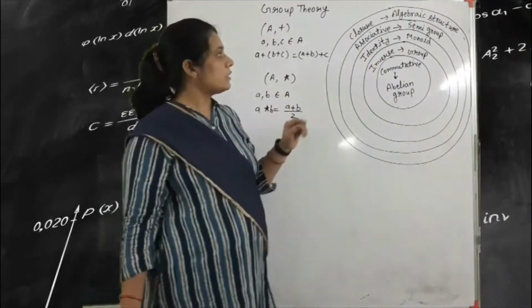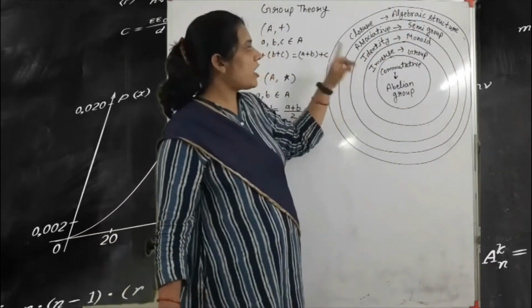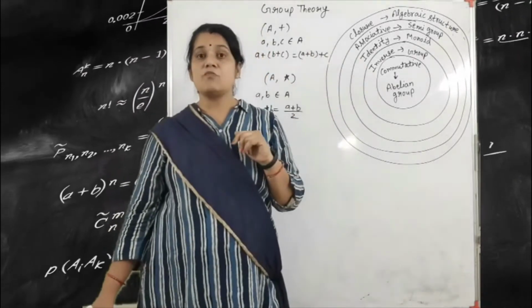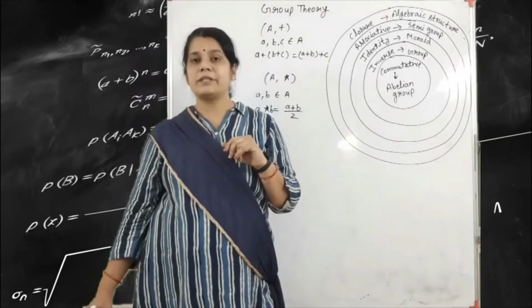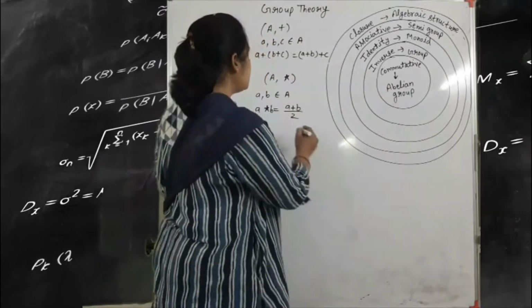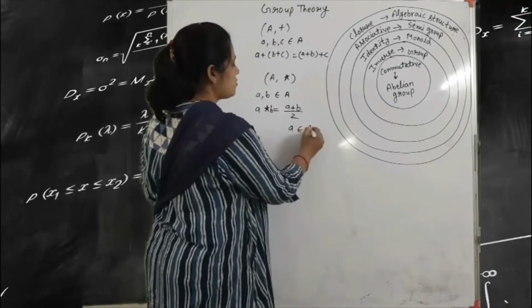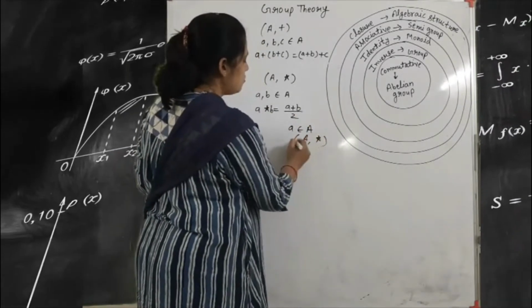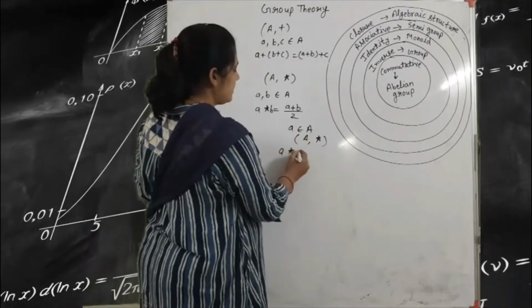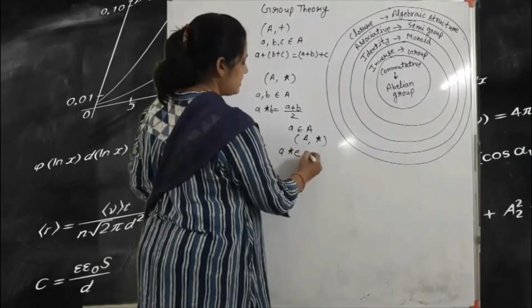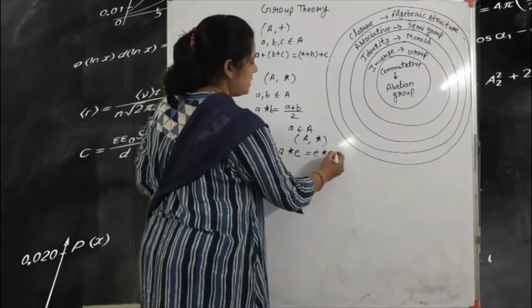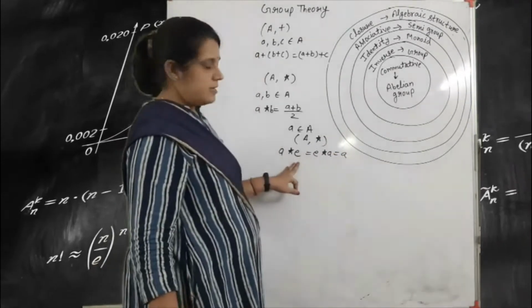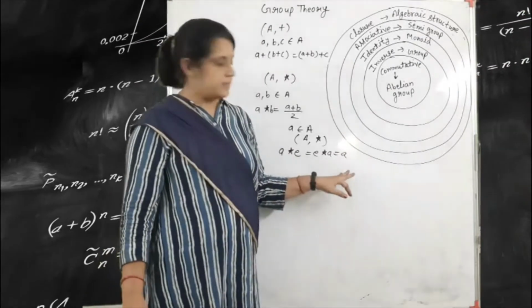Next, a monoid is one that also satisfies the identity property. What do you mean by the identity property? If we have an element a belonging to A, and the operation is star, then a star e is equal to e star a is equal to a.